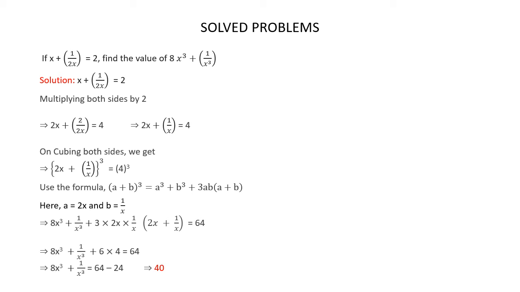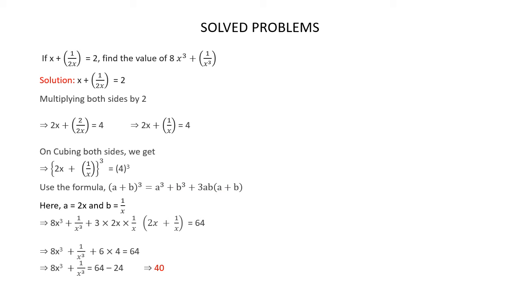Now cube both the sides. On cubing both the sides, you get 2x plus 1 by x the whole cubed is equal to 4 cubed. Now 2x plus 1 by x the whole cubed is similar to a plus b the whole cubed. We know that a plus b the whole cubed is equal to a cubed plus b cubed plus 3ab multiplied by a plus b.